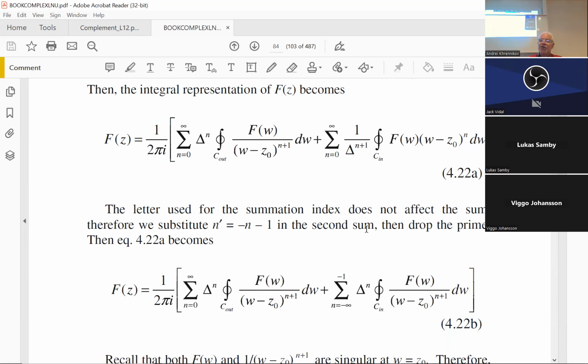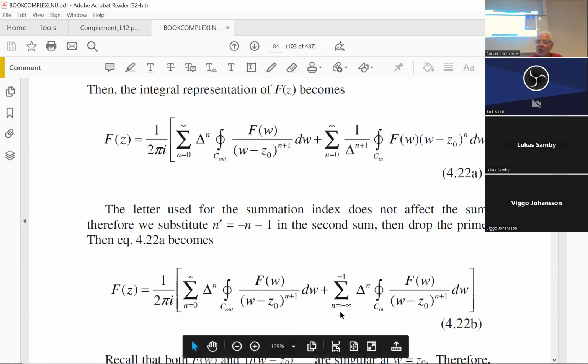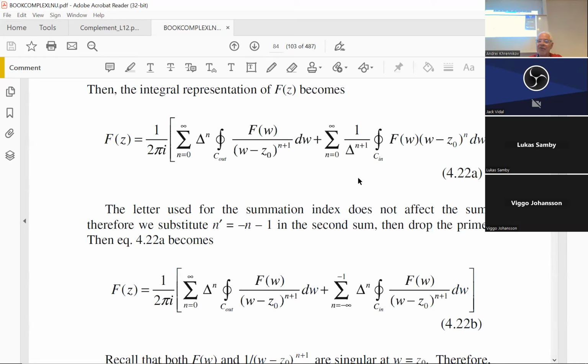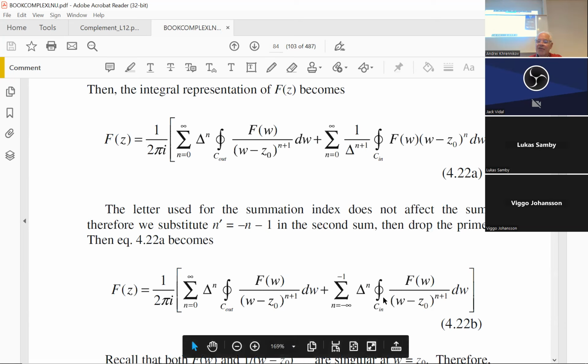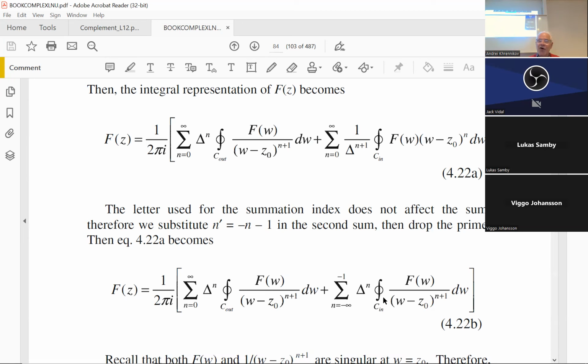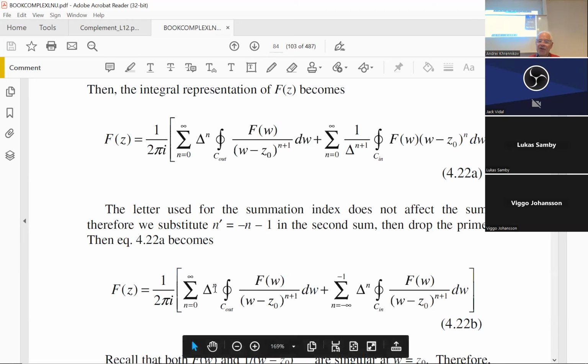Now we change the summation. We want to have the same delta to the degree n in both series. But now the sum is going from minus infinity to minus 1. In this integral, we change n to minus n plus 1. So now we get this. We want to write it as a series with respect to Z minus Z0, but some degrees would be positive, as here.